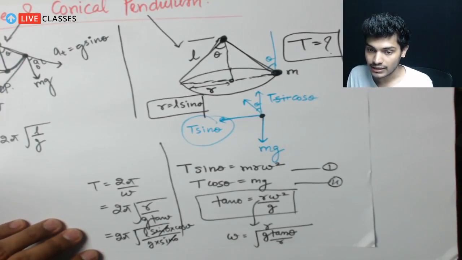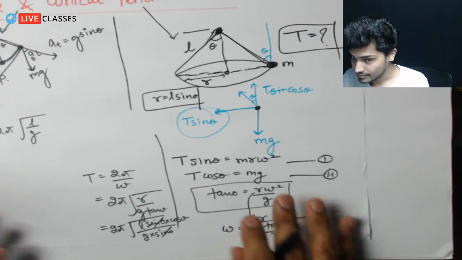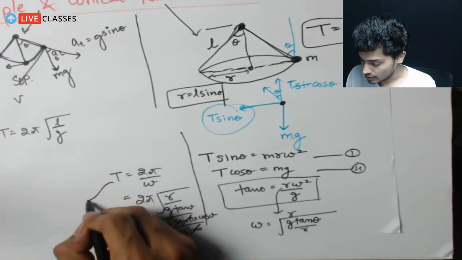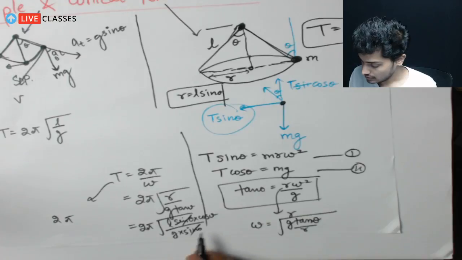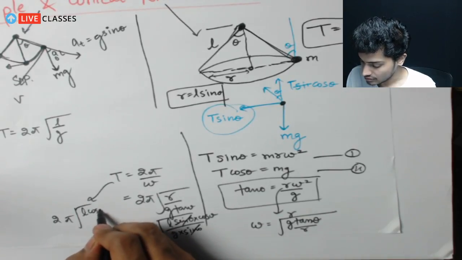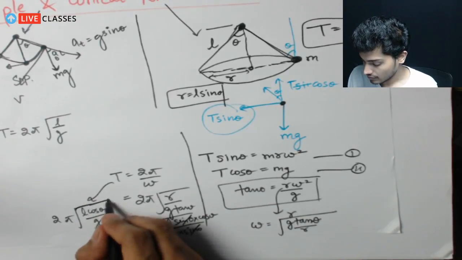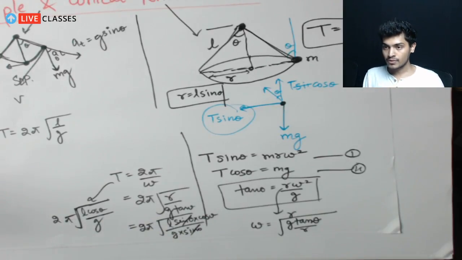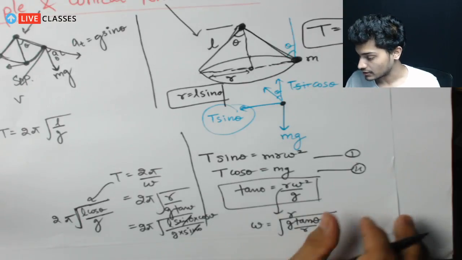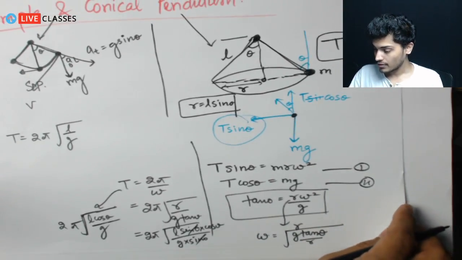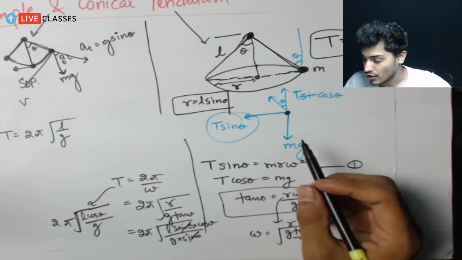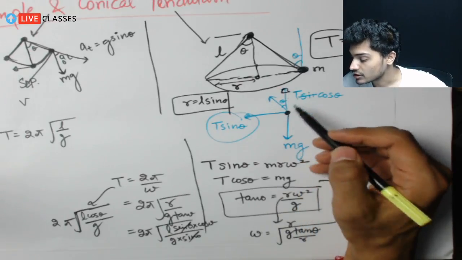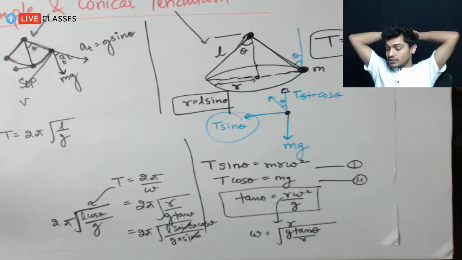Sin theta will get cancelled, and we will get the time period T is equal to 2 pi under root L cos theta upon g. So this question was once asked in IIT. You can see how we can easily solve this question just by applying the basics of physics.